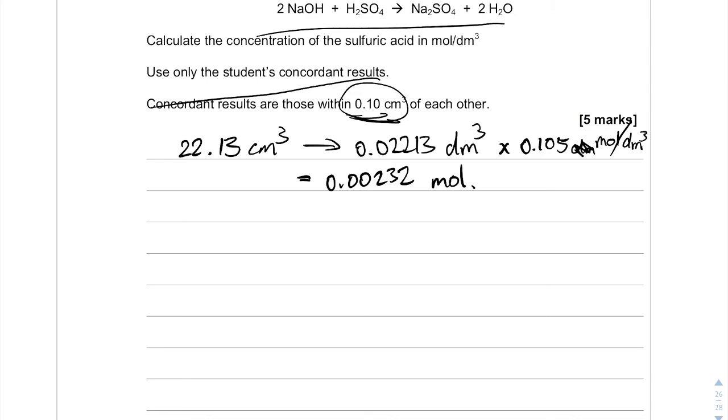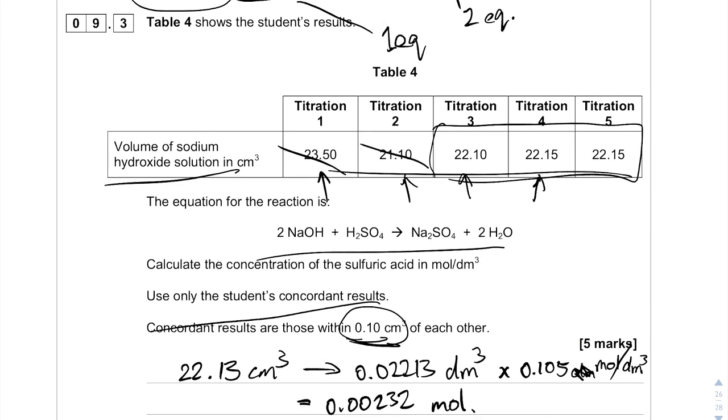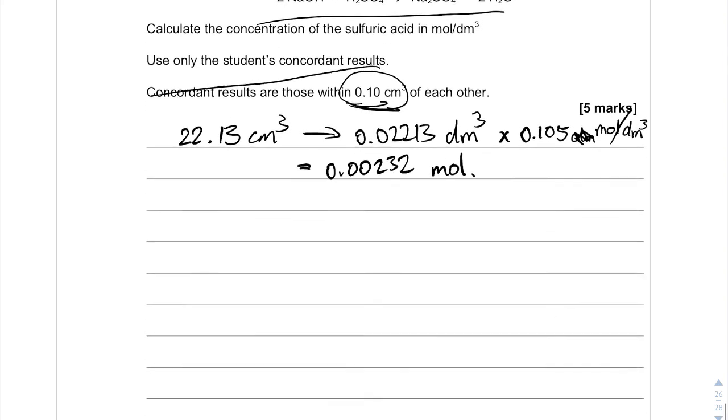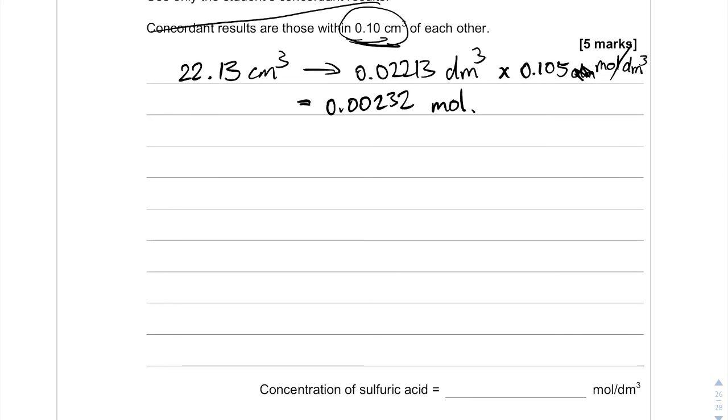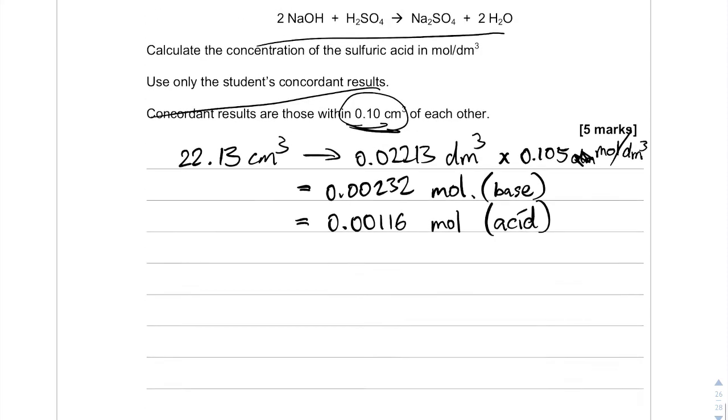And we know that you need 2 moles of base to equal 1 mole of acid. And so the number of moles of acid is actually half, 0.00116 mole of acid. So you've got half the amount of acid molecules.